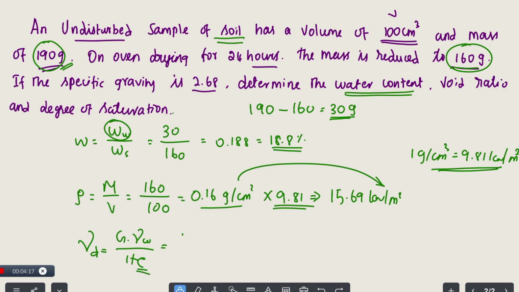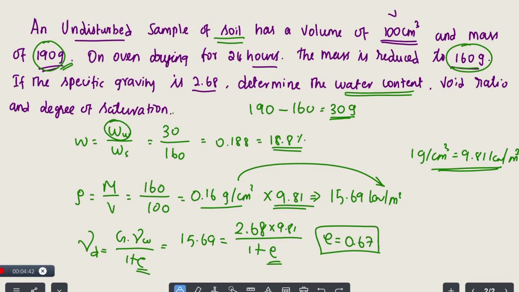Gamma D value is 15.69 equal to G value, which is given, 2.68, into gamma W value 9.81, divided by 1 plus e. Here the only unknown is e. Solving this, we got the value of e equal to 0.67. So we found the second answer, that is the void ratio.